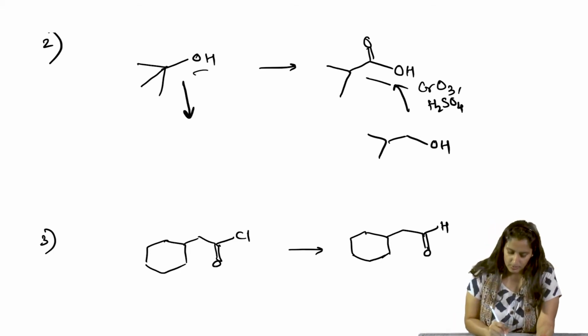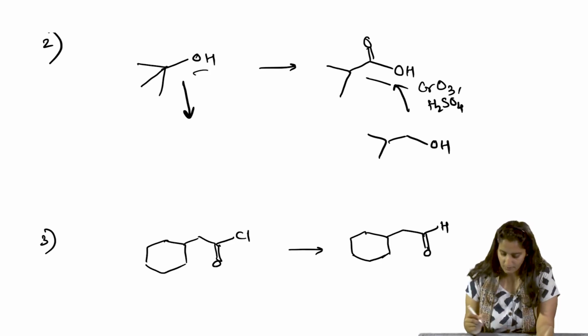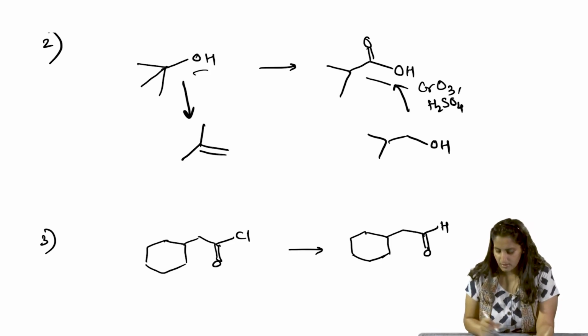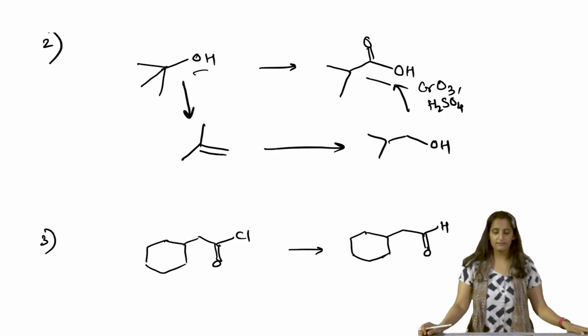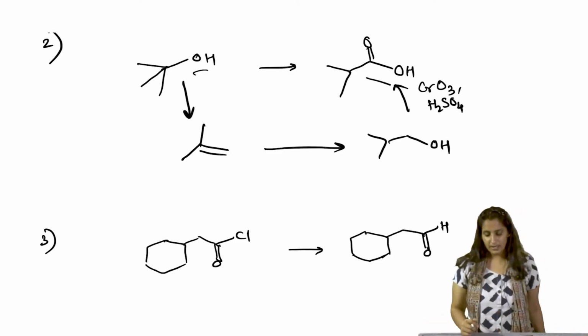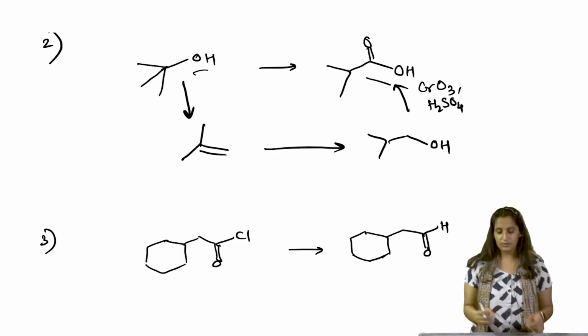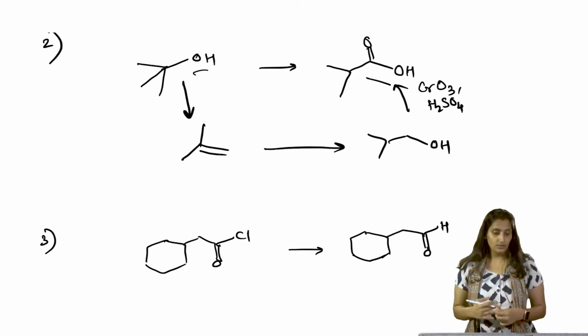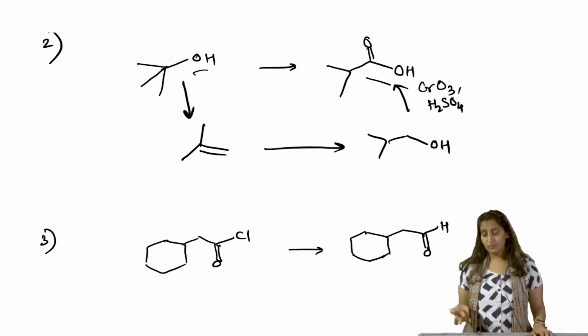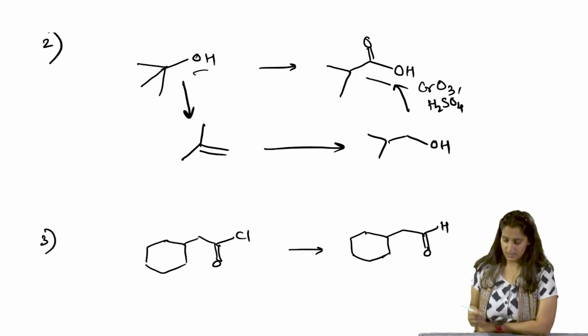In order to do that, we will do the same stuff again, we will try to create the alkene, and then from alkene to alcohol is easier. How do I do that? If I have this alkene and I need to make the corresponding alcohol, I need to add the OH on the less substituted carbon. So, I need to do hydroboration and oxidation, right.